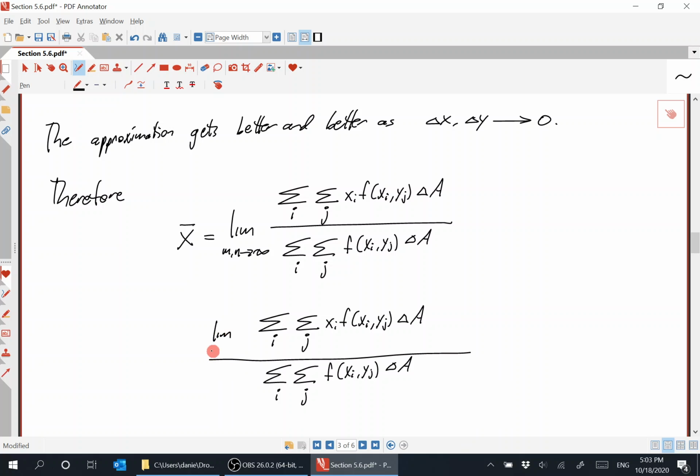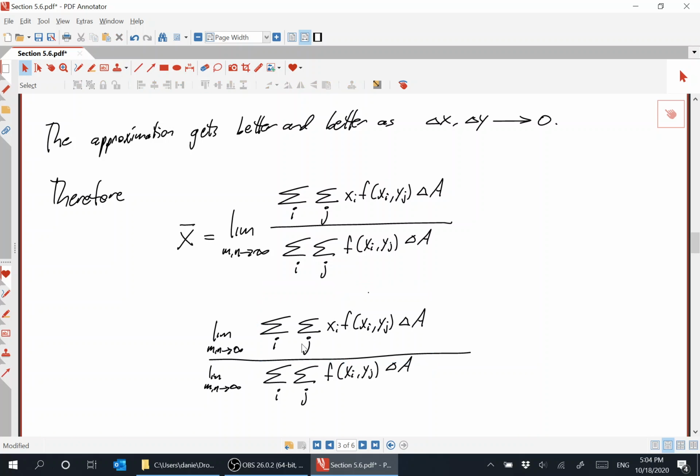So this is a limit as m and n go to infinity of these things here, but these things are just the standard form for a double integral.